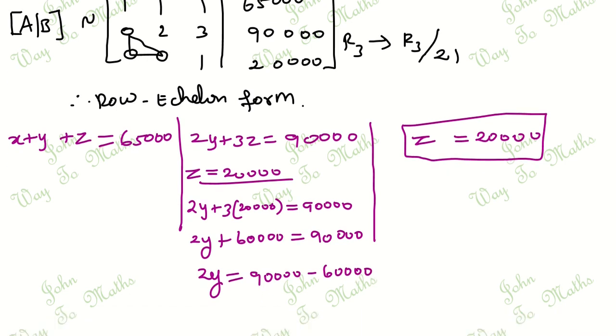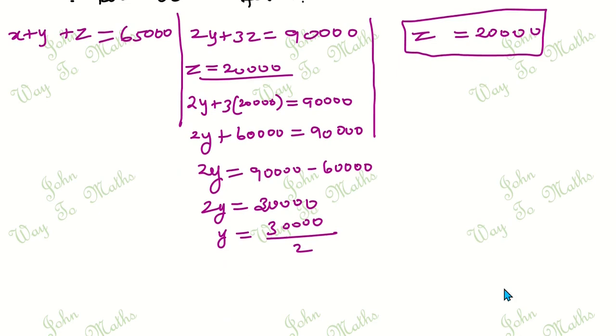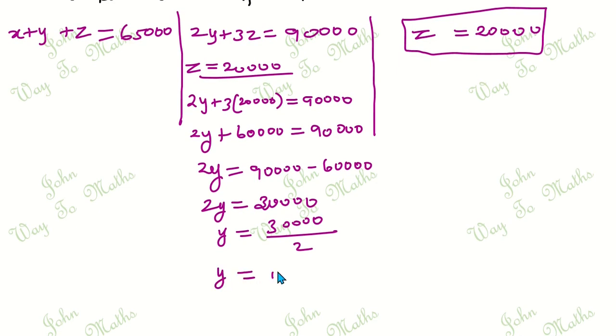So 2y becomes 90,000 minus 60,000, we get 30,000. So y becomes 30,000 divided by 2, we get y is equal to 15,000 is the answer for y.